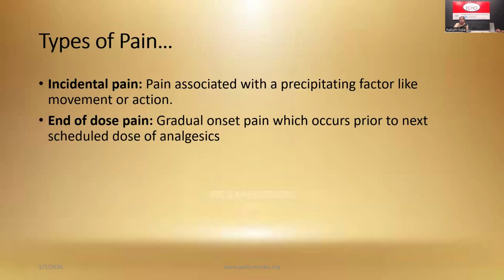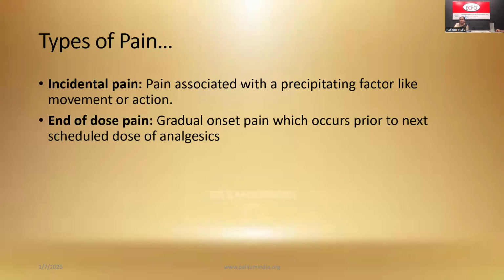And one thing you should keep in mind is that all these pains can be present in one person. Okay, there can be more than one type of pain in one patient. Sometimes a patient can have incidental pain, baseline pain, breakthrough pain, end of dose pain.